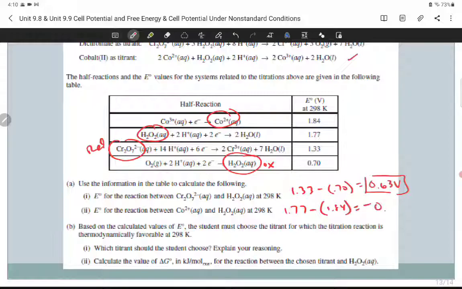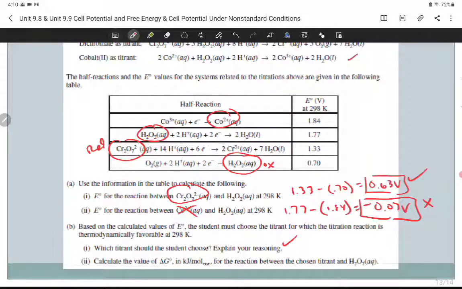Oh, that's going to give you a negative value. So that means if you're trying to do titrations, that's not going to happen. I think we just inadvertently answered that question. So we're going to have to use dichromate. We can't use cobalt ions.